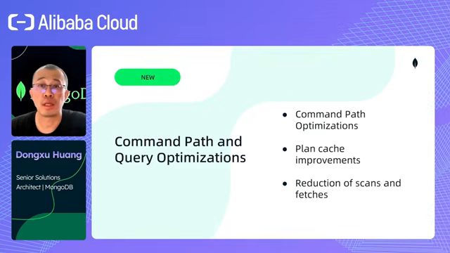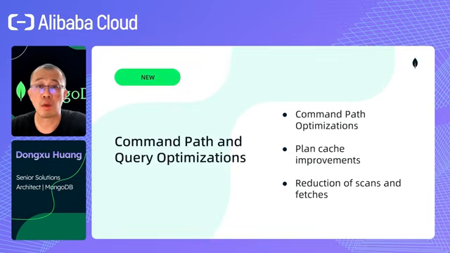Additionally, we have made significant performance optimizations to both query execution speed as well as command execution speed. First, we have optimized the command paths that execute every command in MongoDB to remove inefficiencies and also reduce the amount of memory used.